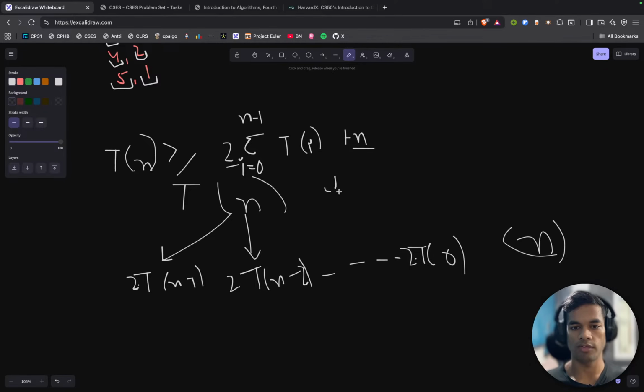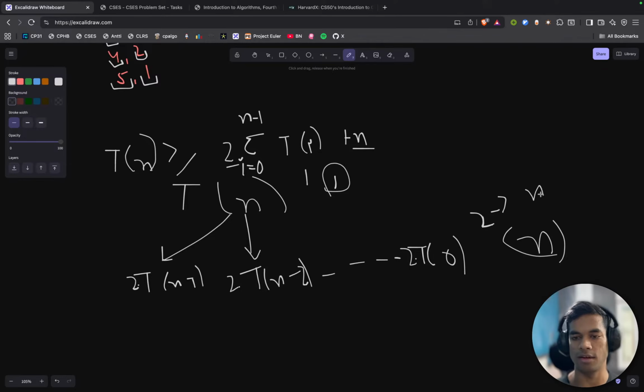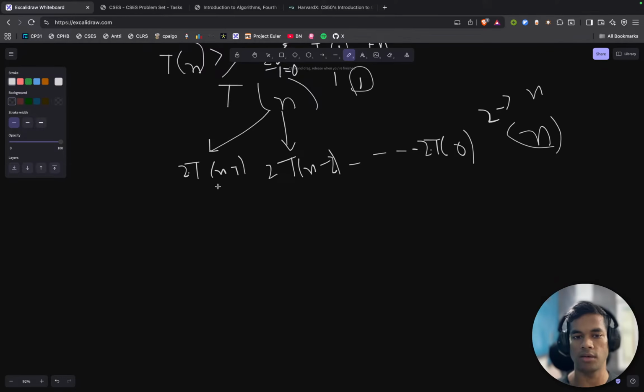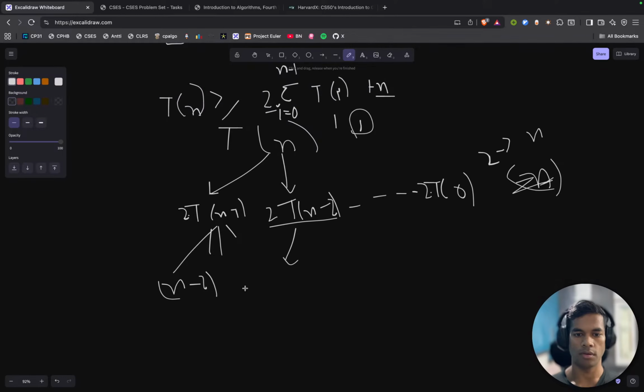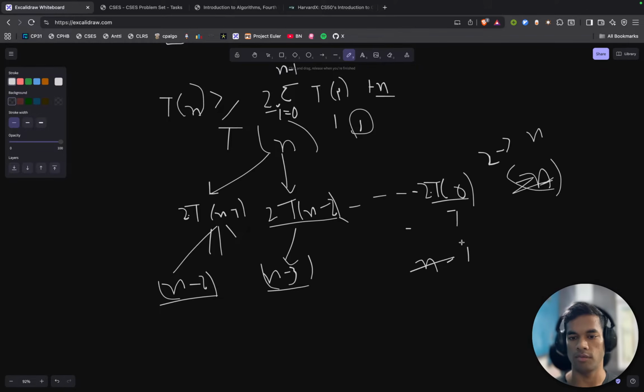So the first layer has one thing. The second layer has n different calls. And on average, you can say this thing will have n minus 2 function calls. This thing will have n minus 3 function calls in total, and dot dot dot till the end where we will have one function call.